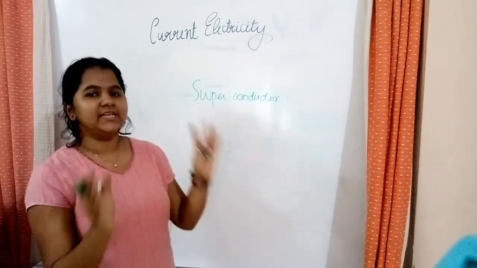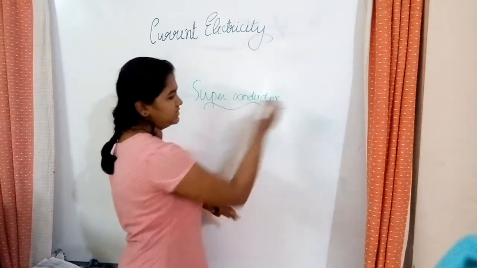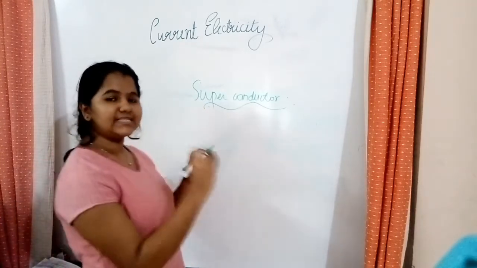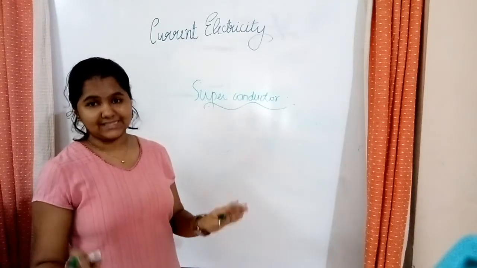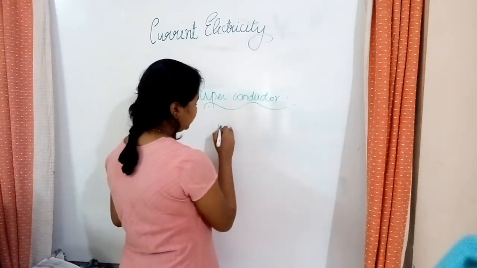That phenomenon is known as superconductivity, and that material is known as a superconductor. When it reaches the critical temperature, from there onwards there is zero resistance.